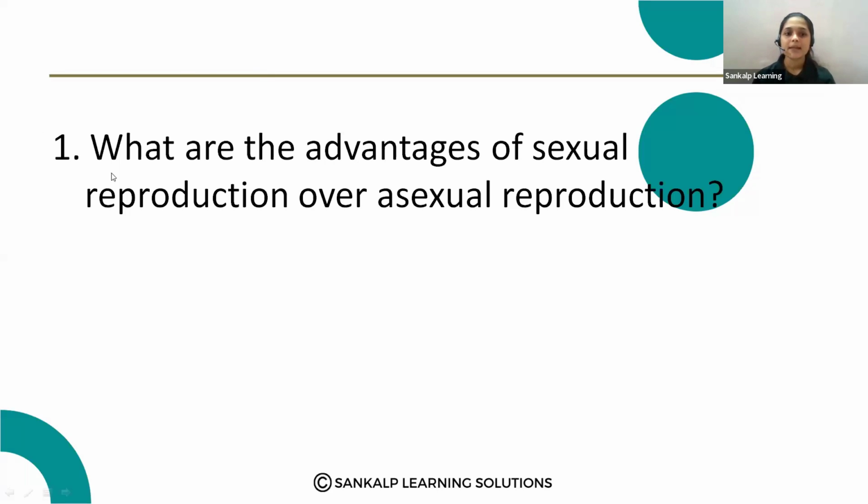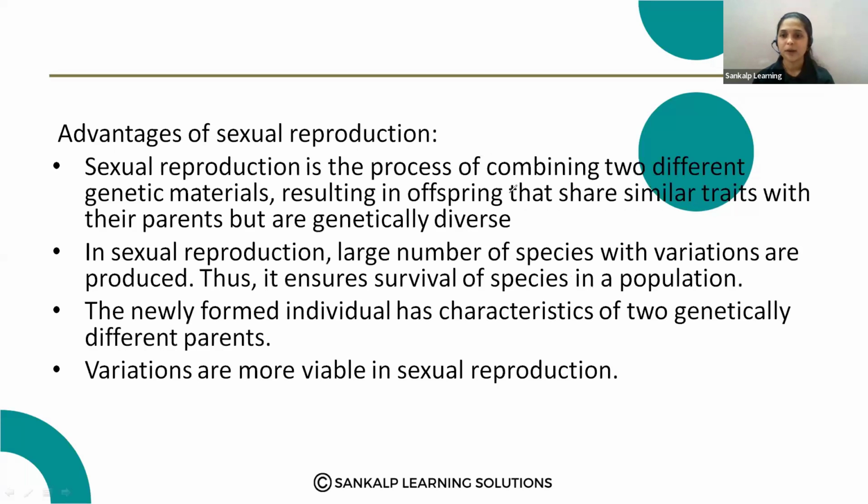Here, sexual reproduction is the process of combining two different genetic materials. In sexual reproduction, there is the involvement of two parents, right? So resulting in offspring that share similar traits with their parents but are genetically diverse. So they are slightly different from their parents. And in sexual reproduction, a large number of species with more variation occurs than in asexual reproduction.